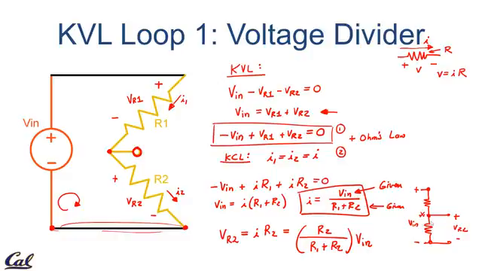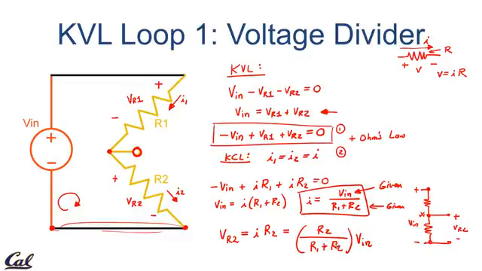I could easily solve for the voltage across VR1, and that's just I times R1. So it'll be the same expression, but there'll be an R1 up here. So it's the ratio of that resistor to the total. It looks like the two resistors are distributing that total voltage amongst themselves. So if R2 is bigger than R1, then this number would be bigger, and so that fraction would grow. Okay, so this is half one.